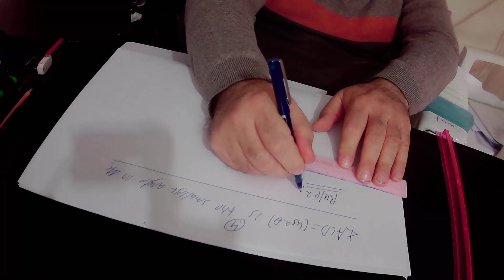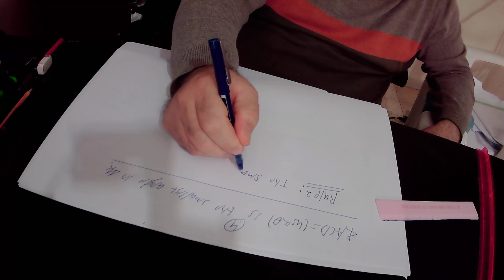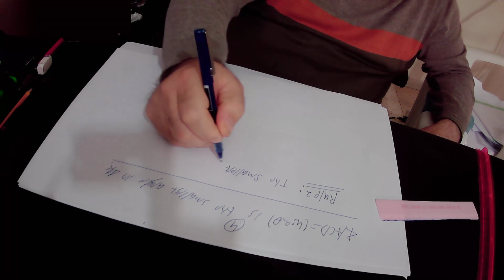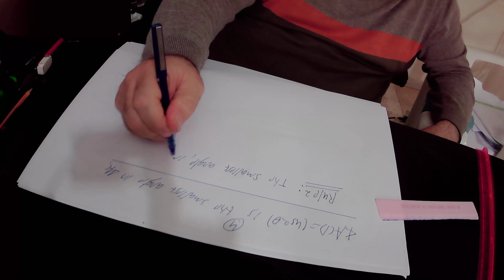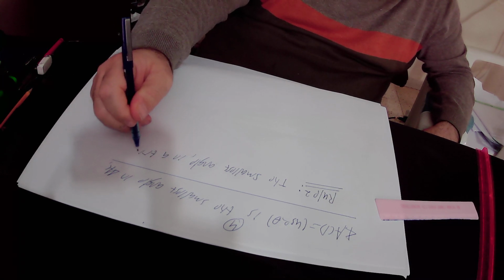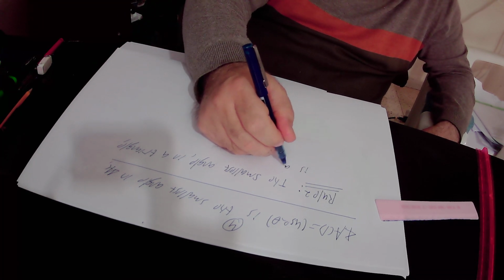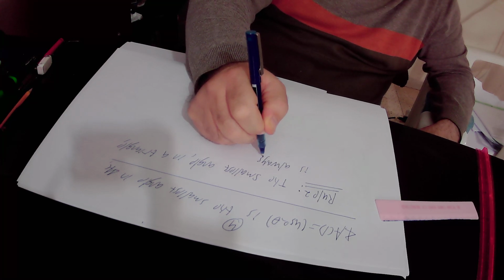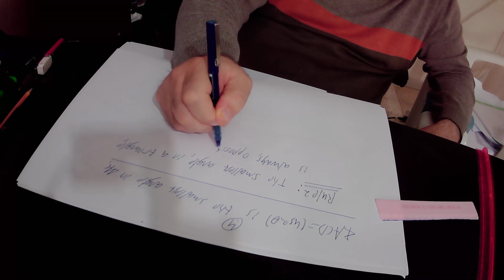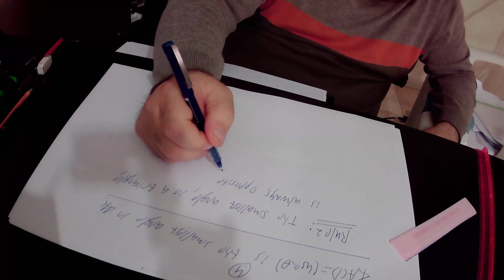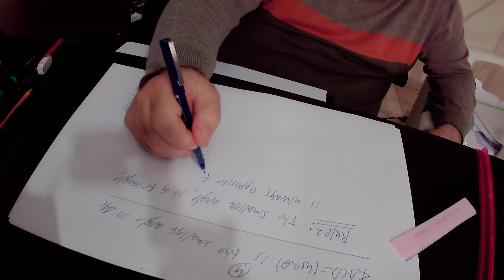According to rule number 2, the smallest angle in a triangle is always opposite the shortest side.